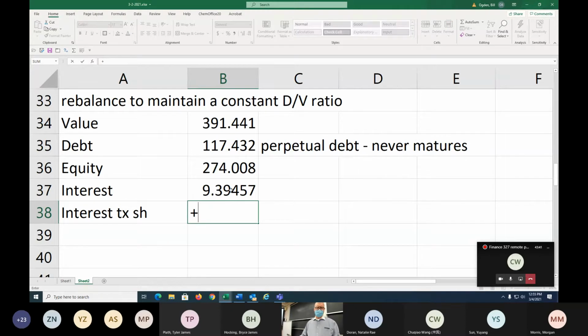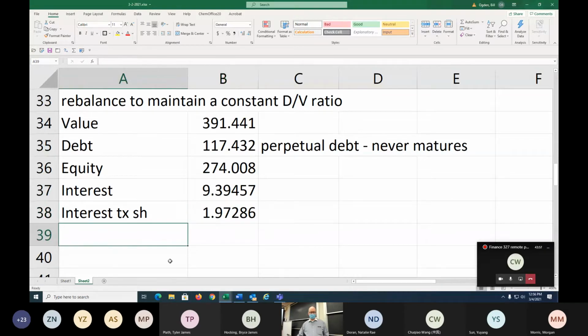Always, always, always the interest times the tax rate. Okay, and last number we're going to be needing. Let's do our flow to equity. Go ahead and do it. Tell me what the flow to equity will be here. Take a couple minutes, see if you can get it.